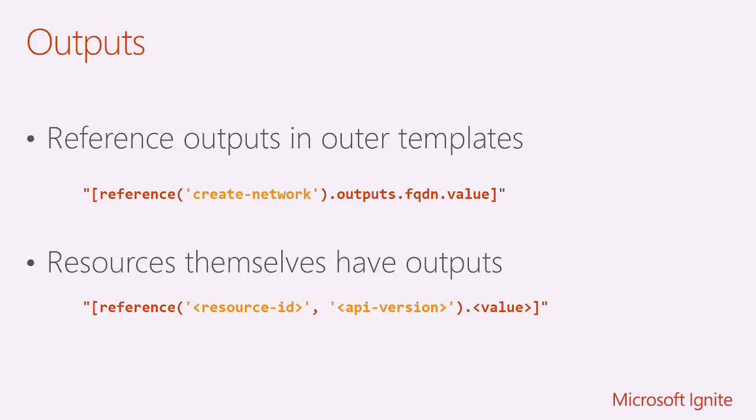And then we can pass that back up to any other templates that may have called it as well. And then resources themselves have outputs. So for example, if you deploy a storage account, there is a function called list keys, which will give you one of the API keys that you can then use to interact with that storage account. So that's one of the outputs you can get from storage accounts.